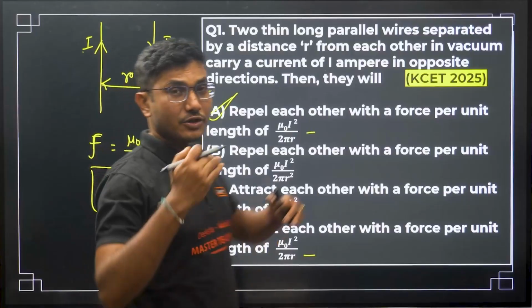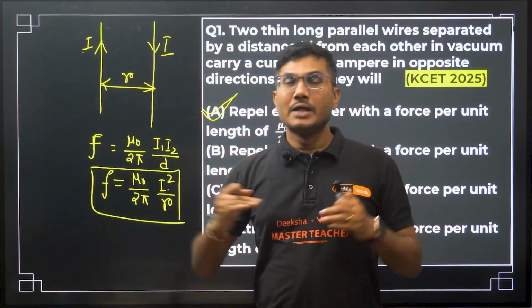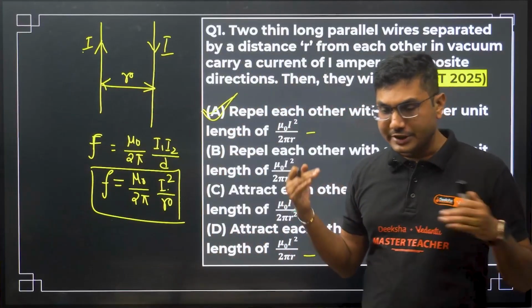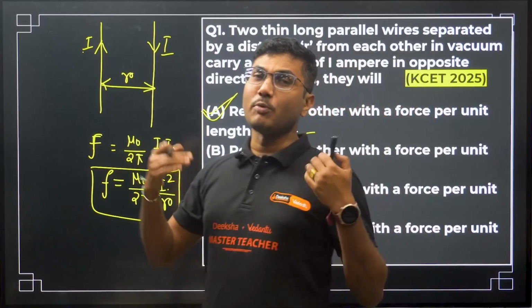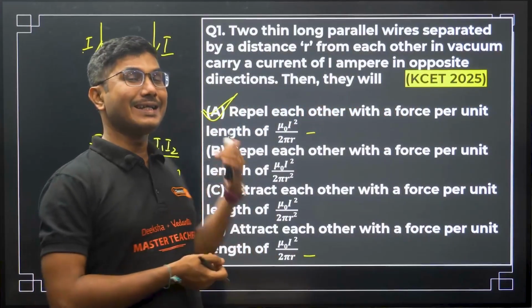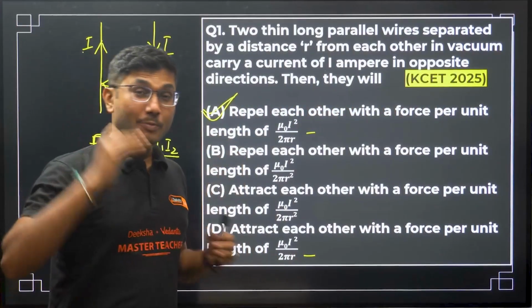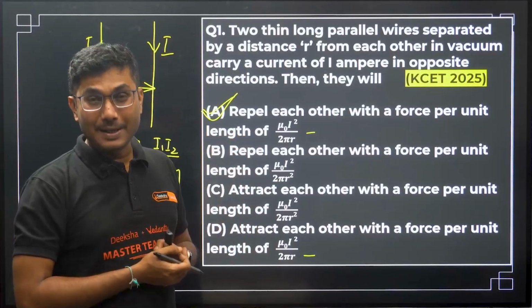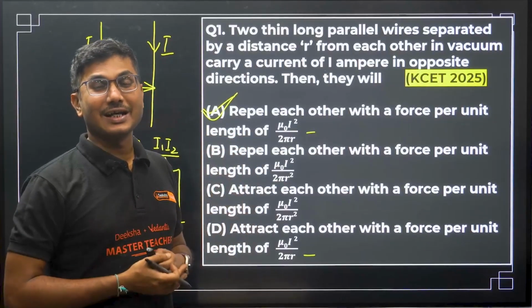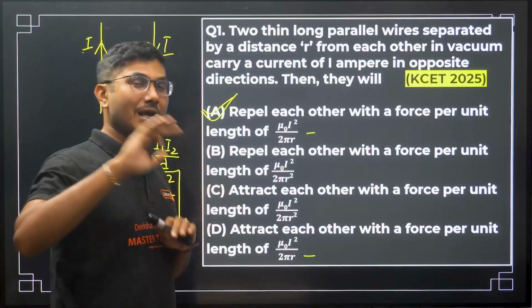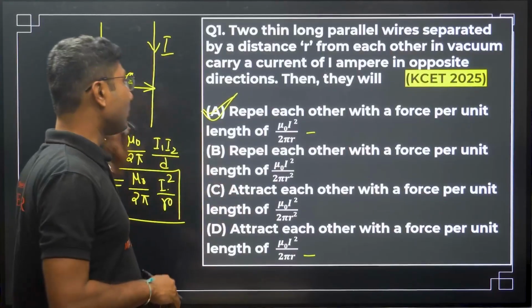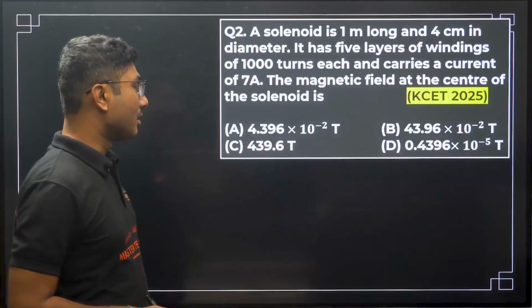In general we have seen that opposite charges attract, opposite poles of a magnet attract, but in case of current it is opposite: opposite currents repel, same directional currents attract each other. So this is something which is not common, so be careful about this part.